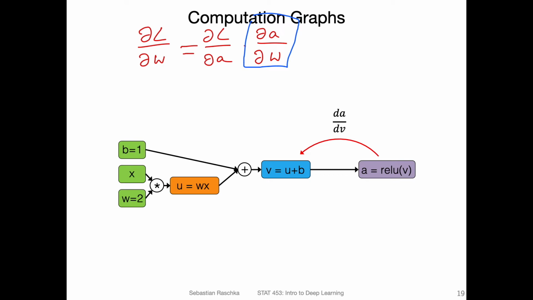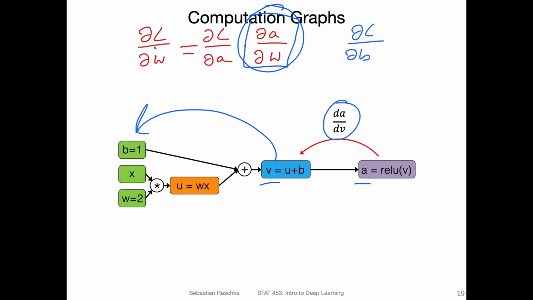Here I have the first step: computing the derivative of the activation with respect to the input of the activation, the derivative of A with respect to V. Using this computation graph, we can make computing this whole part super easy by doing it in smaller steps. The next step would be computing the derivative of V with respect to B, because we are usually also interested in the bias, which, like the weight, is a model parameter.